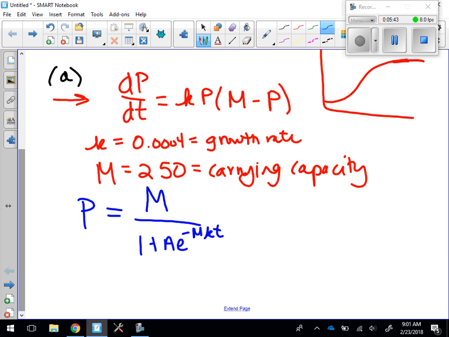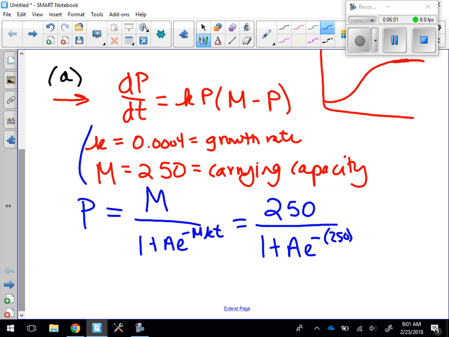Okay. So we've got some of our values here, k and M. So we can rewrite this again. Our carrying capacity is 250. We've got 1 plus A e to the negative, M is 250, k is 0.0004 t.